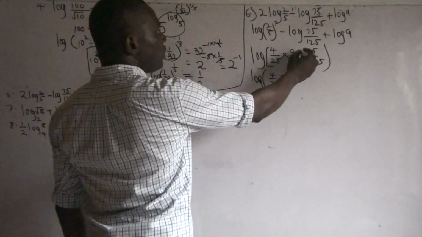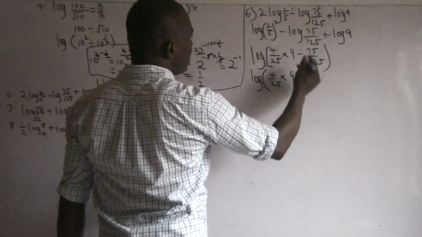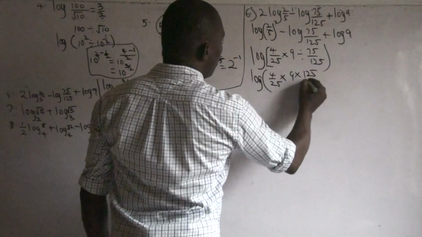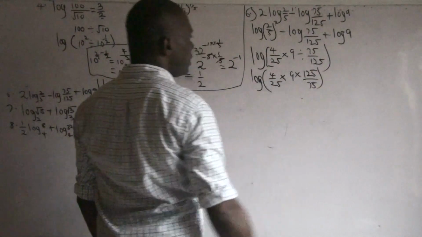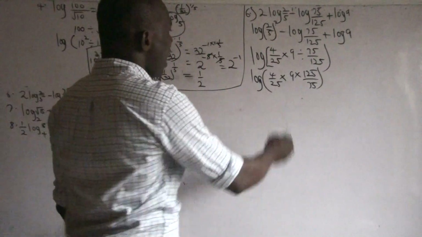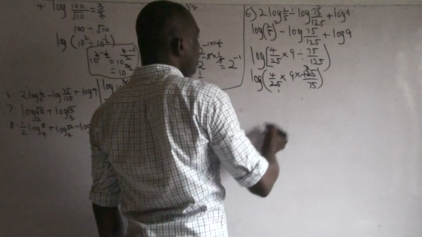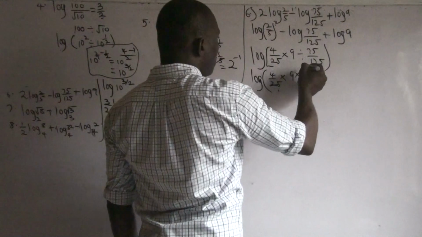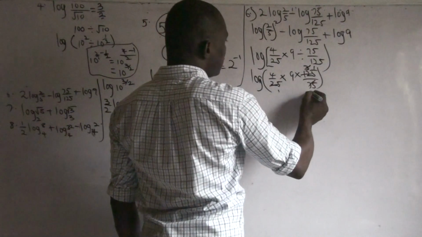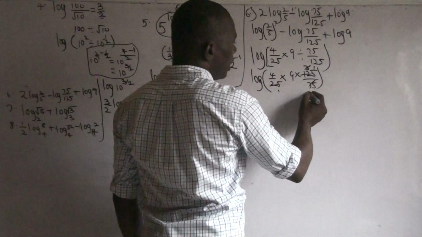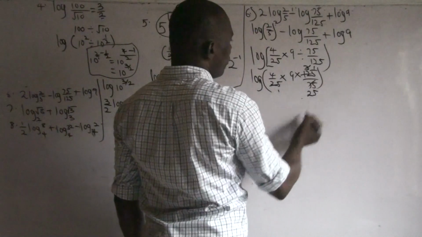This sign here, division changes to multiplication, and we invert the denominator. This becomes 125 over 75. So 5 here, 1. 5 here is 3. Okay. 3 here, 1. 3 here is 3, is 75. This is 25.